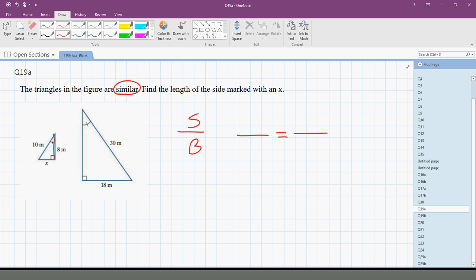It's not the 18, it's not the 30. It's that guy right there. You see how they match up? We've got this angle right there and the right angle. This angle, the right angle. It's got to match up, sides to sides. But can I compare these two? Does that make sense? Yeah? Do you know what this big side is right here? Do you know how long that is? So that doesn't make any sense. Don't compare those two sides. You chose the one side we don't want to work with.